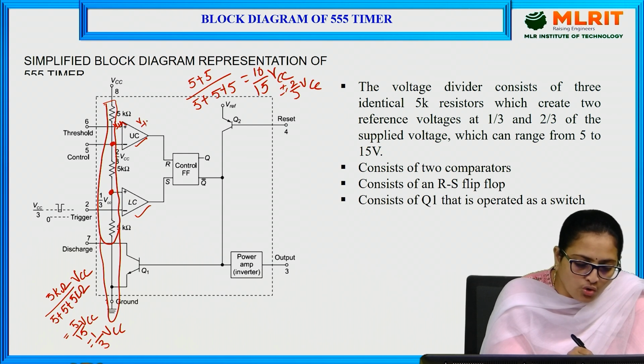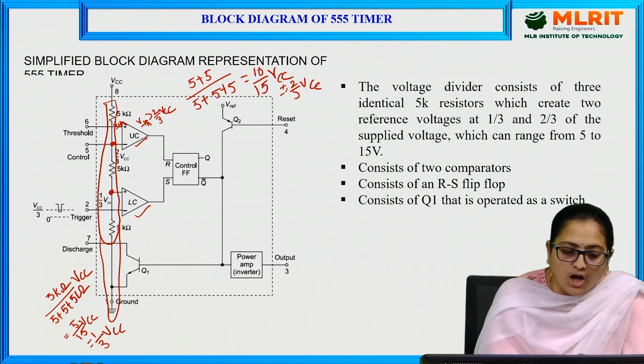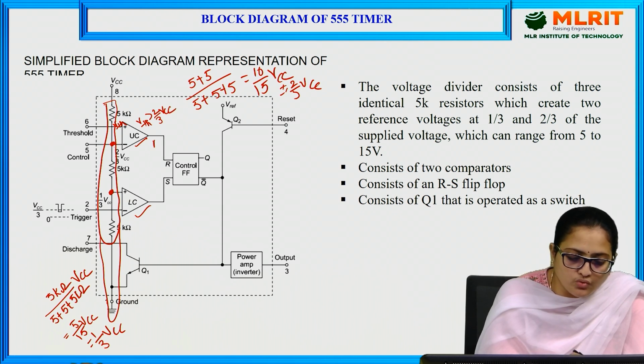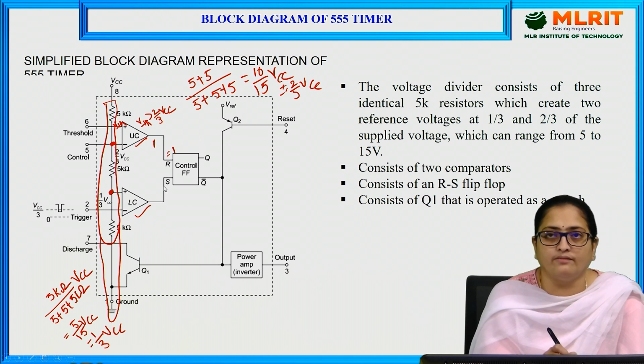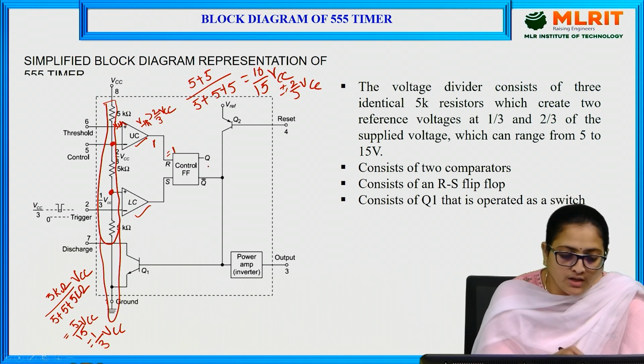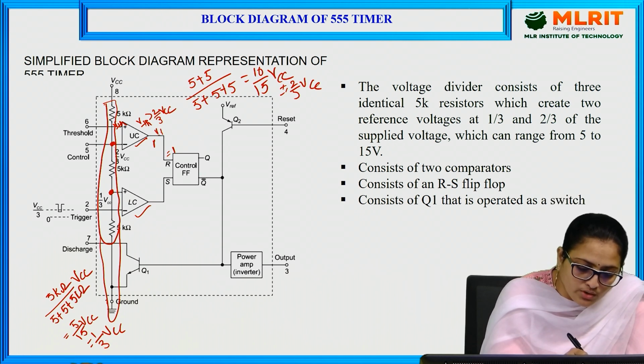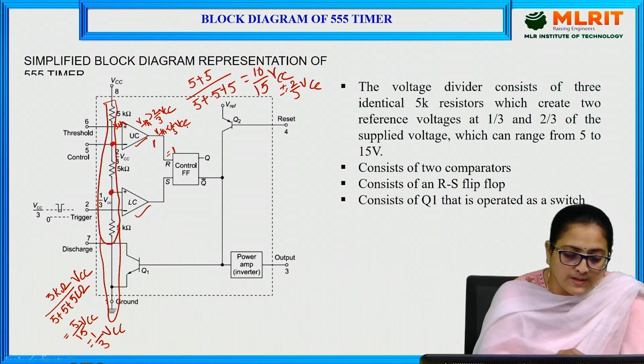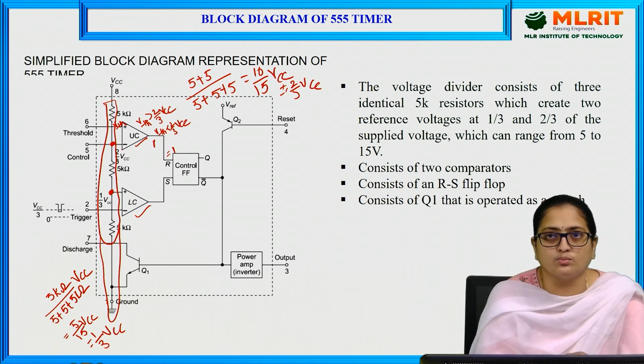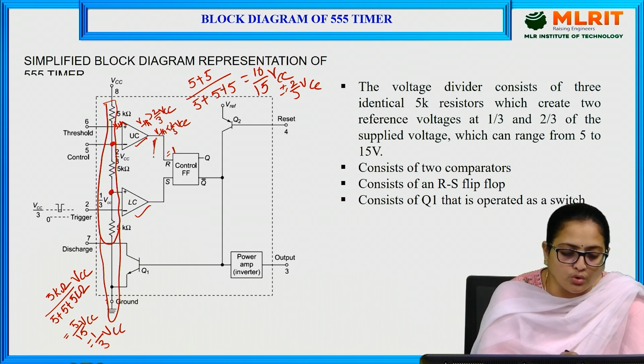If this threshold voltage is greater than 2/3 VCC, the output of the comparator will be 1 and it is going to reset the RS flip-flop. And if the threshold voltage is less than 2/3 VCC, that means the voltage at the negative terminal of the upper comparator is more, so it produces an output of 0, which makes R 0.